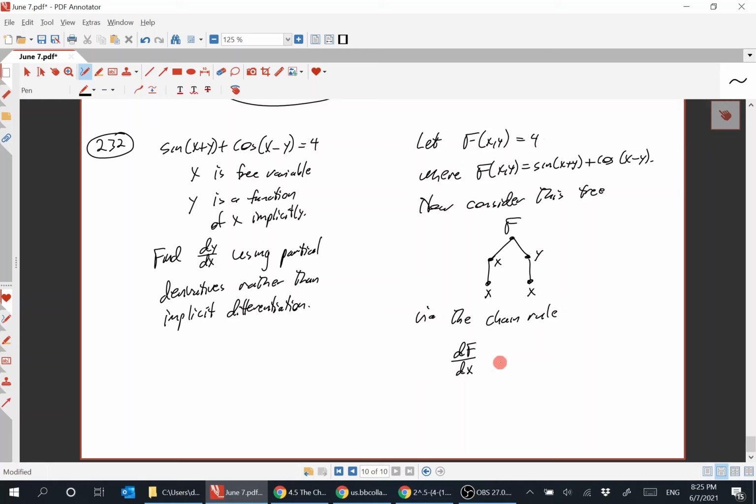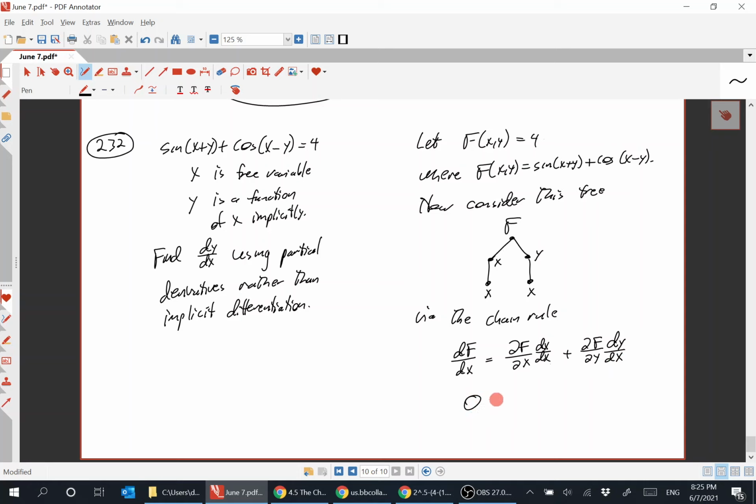Well, so by the chain rule, df dx is partial f, partial x, dx dx, plus partial f, partial y, dy dx.